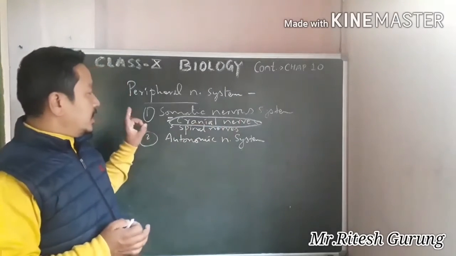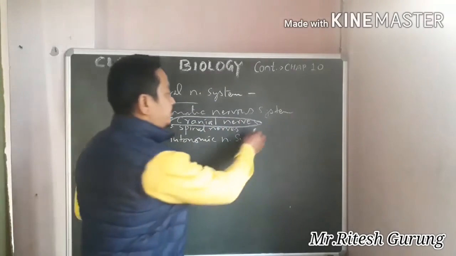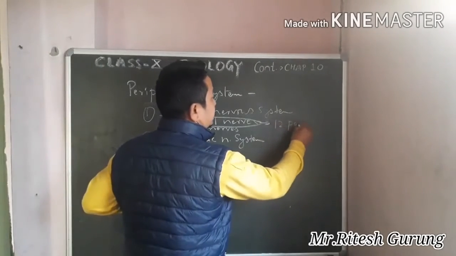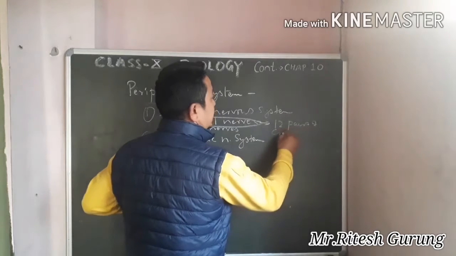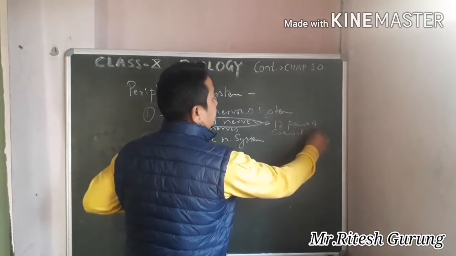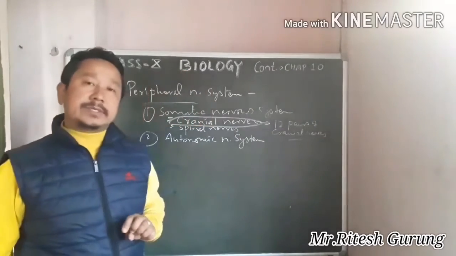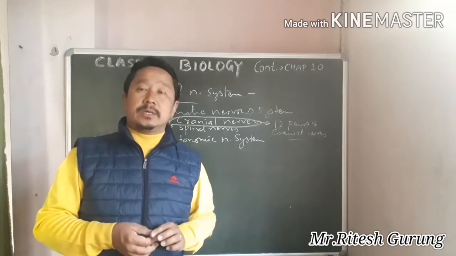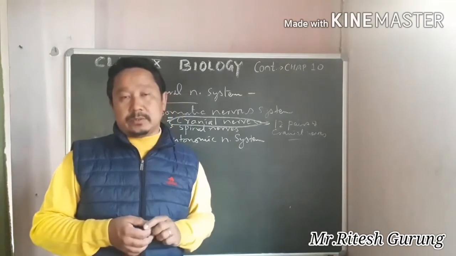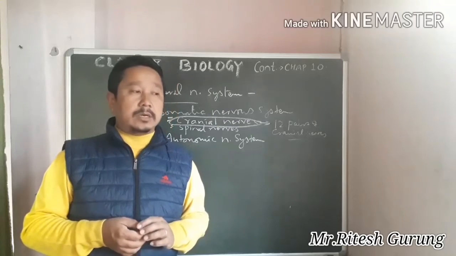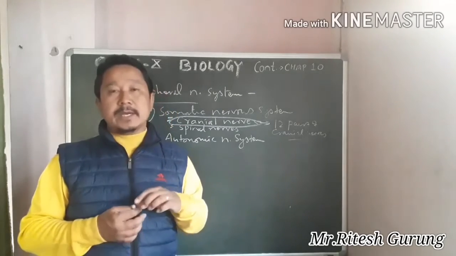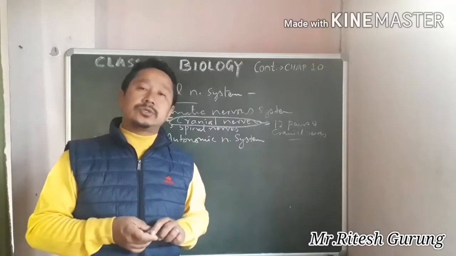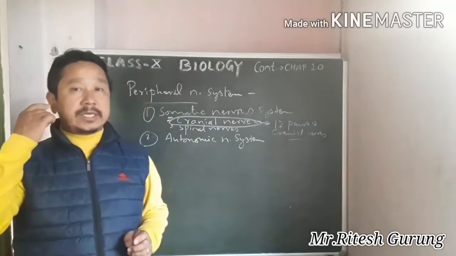There are 12 pairs of cranial nerves. Some of them are the olfactory nerves for your nose, then the optic nerve for your eyes, and also the auditory nerves for your ears.